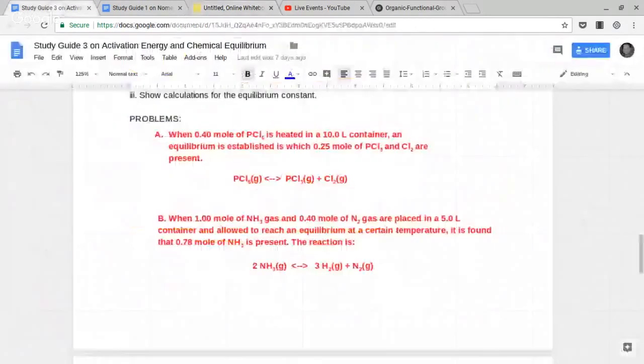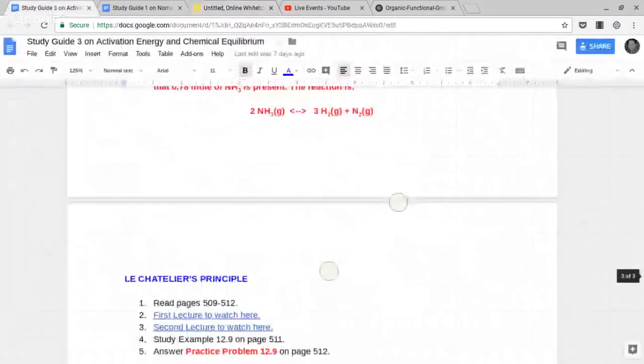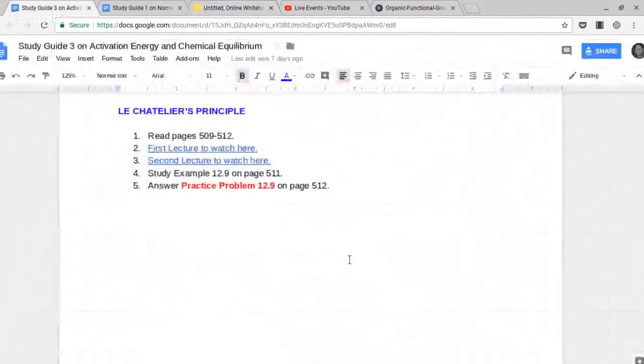Okay, and then let me just conclude this with the last part of our lesson on equilibrium, the Le Chatelier's principle, which I won't take up in this review, but please watch the 2 lectures about the effect of amount and temperature to the shifting of the equilibrium position in your chemical system, in your reacting system.